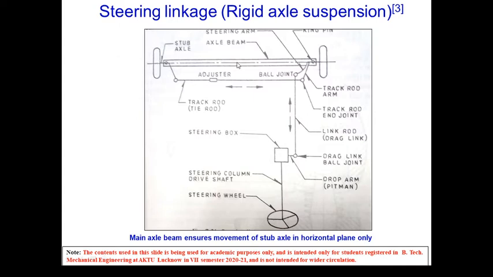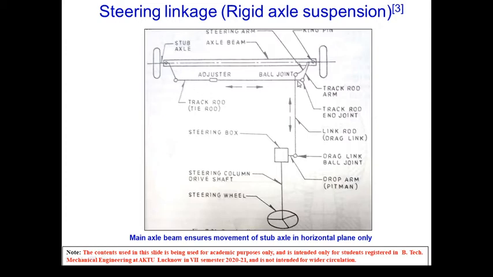This is our axle beam, and this is a sort of rigid axle because it has no flexibility. The steering arm and kingpin are fitted over here. The stub axle is connected with the front wheel by using a kingpin. Ball joints are there, as I have talked about, and these are basically preferred.